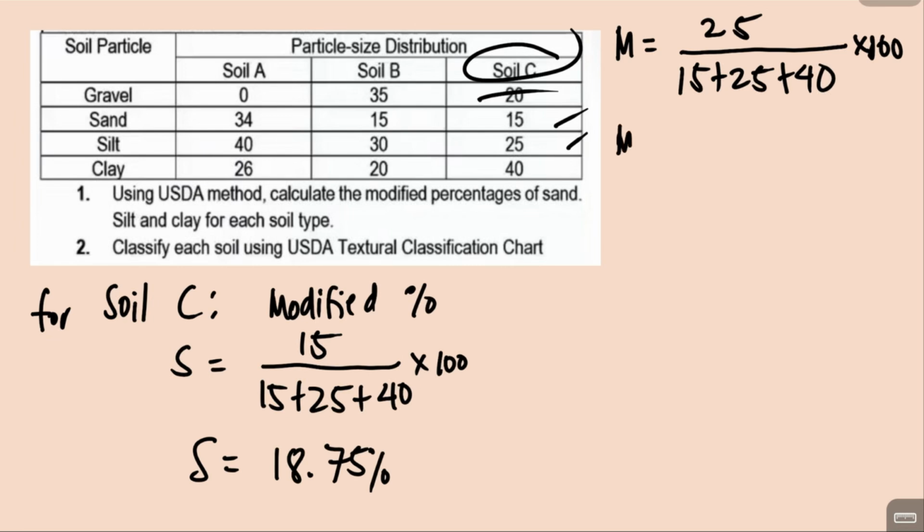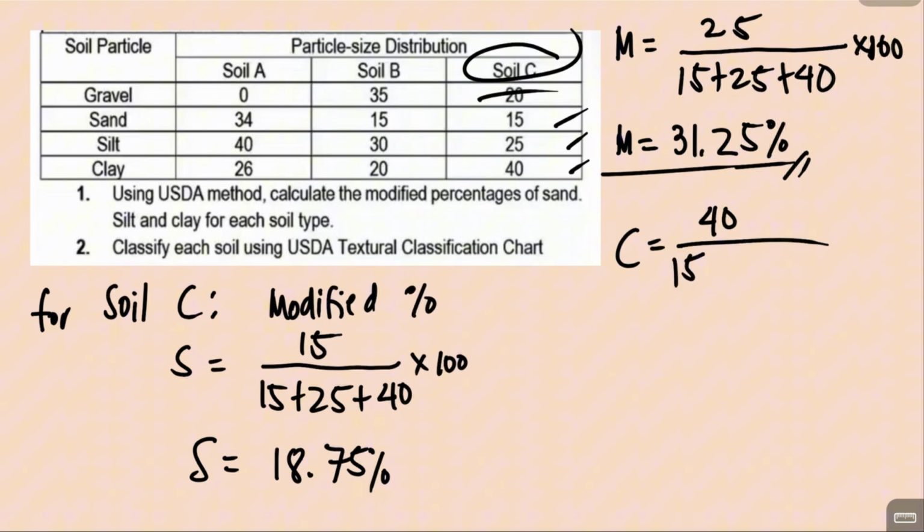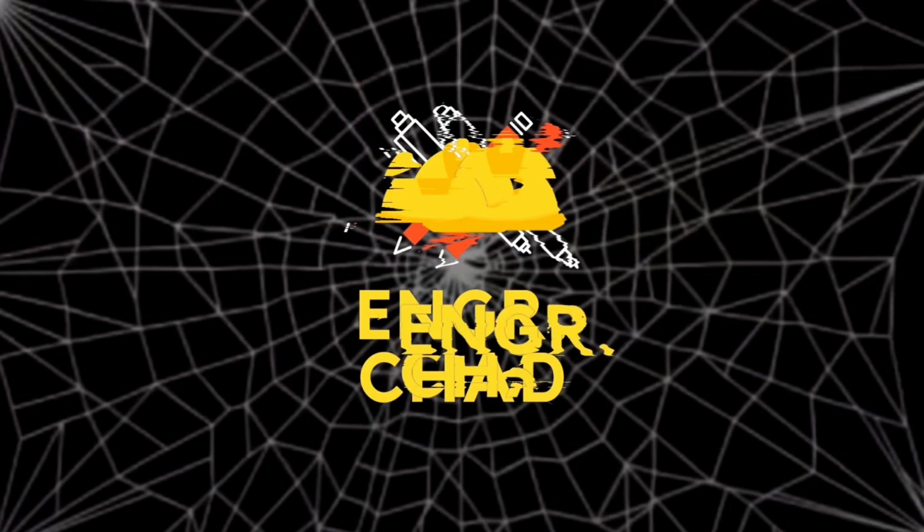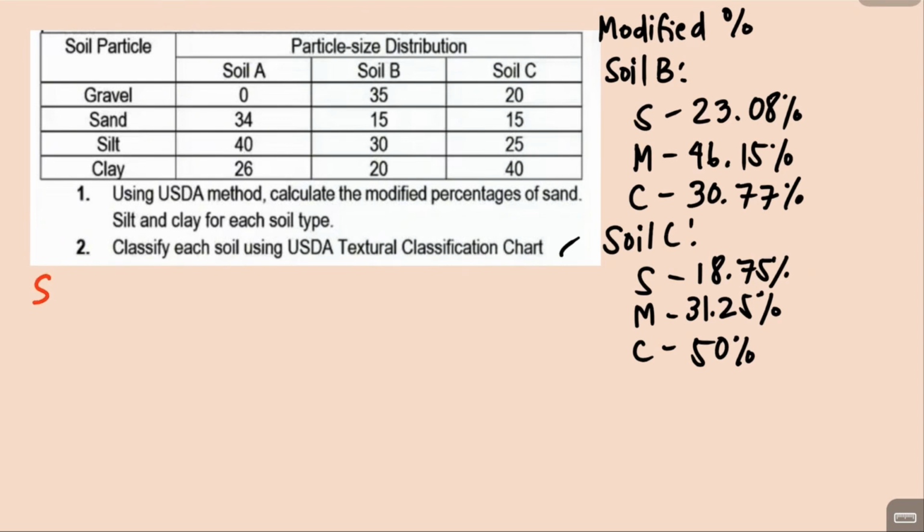The modified percentage of silt now will be equal to 31.25%. Moving on to clay percentage, C is equal to 40 all over 15 plus 25 plus 40 times 100. So the modified percentage of clay will be 50%. S plus M plus C should be equal to 100% to satisfy our modified percentage. These are the modified percentages for soil B and soil C.